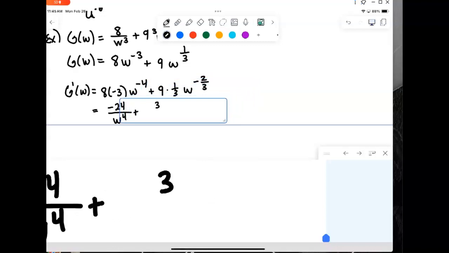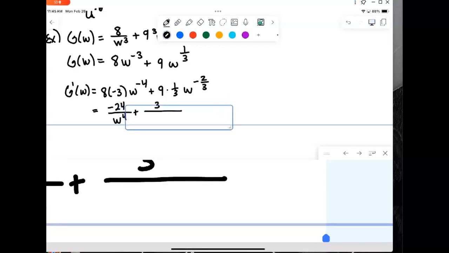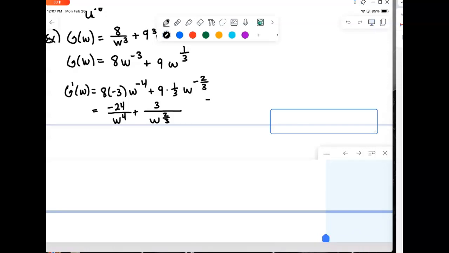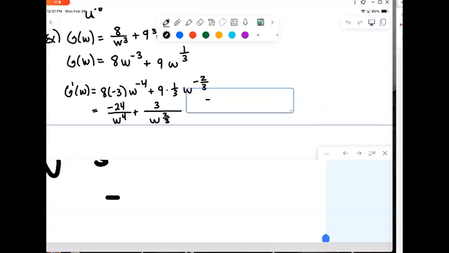And that negative exponent stuff will need to go to the bottom. And when it does, you'll have w to the 2/3 power down in the bottom there. So the final answer is negative 24 over w to the fourth plus 3 over w to the 2/3.